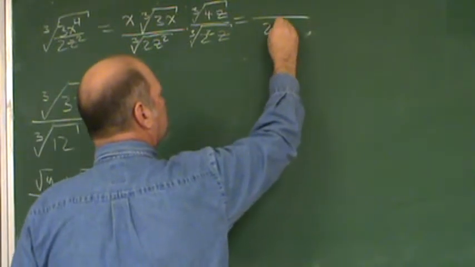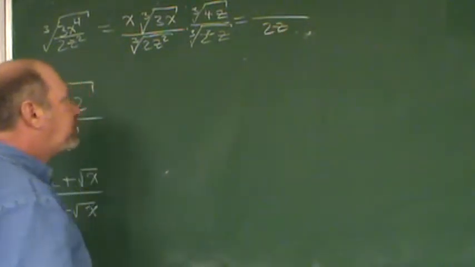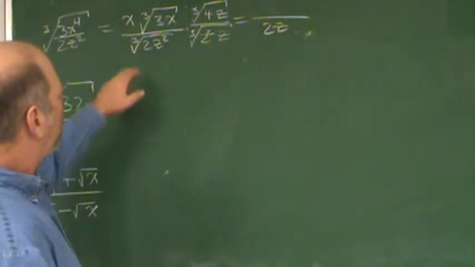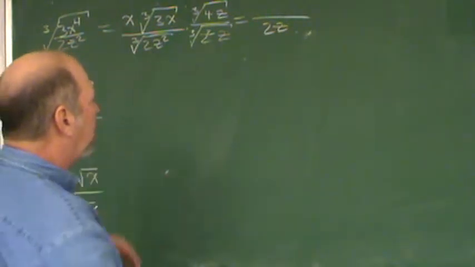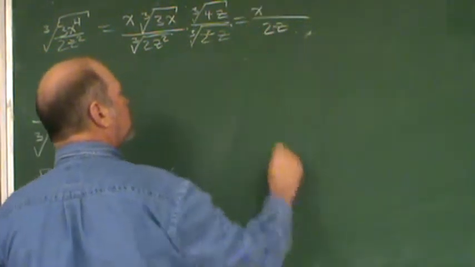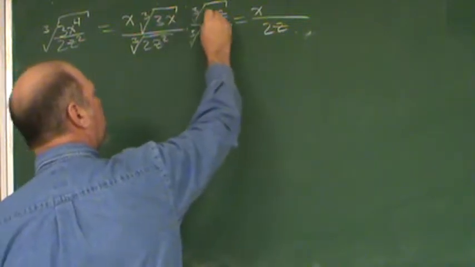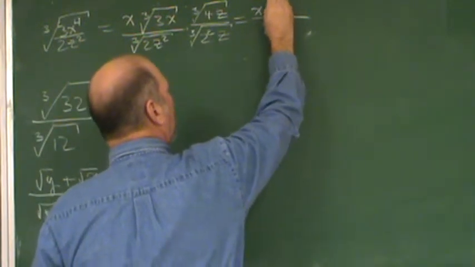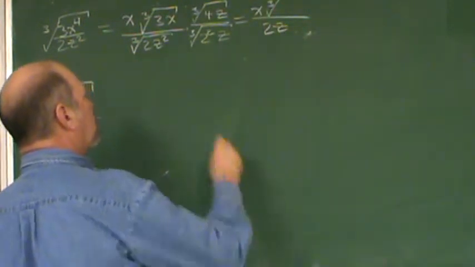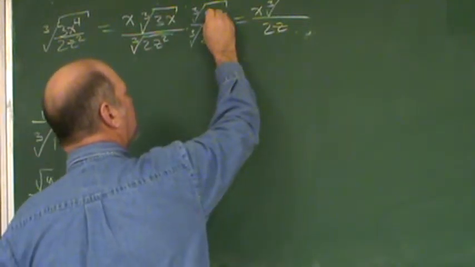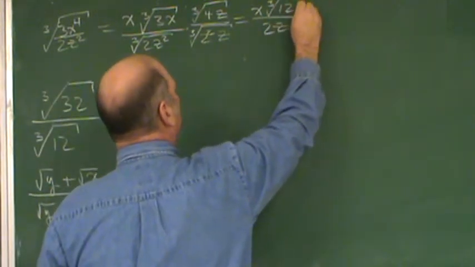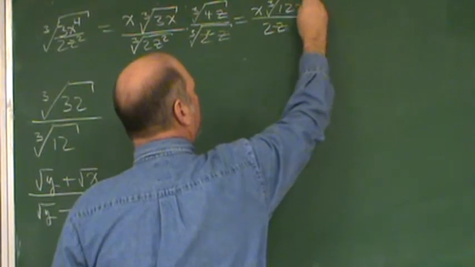So the bottom turns into 2z. Now on top, the x on the outside, I'm going to leave on the outside, so it's still x. And because these are both cube roots, we can get by with just multiplying the bases together. 4 times 3, or 3 times 4, is 12, and then I have xz.